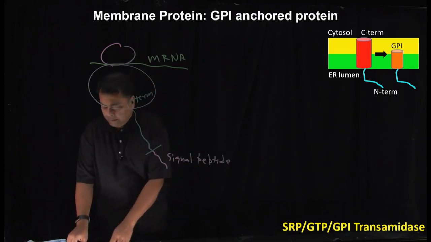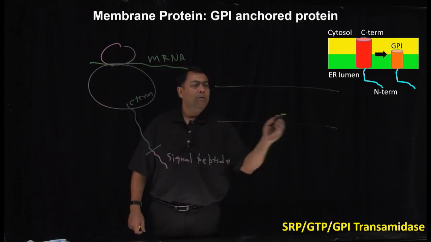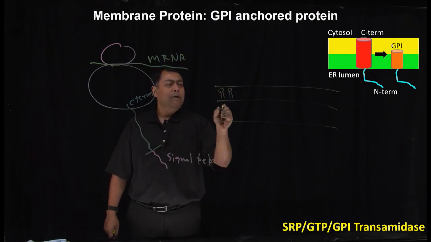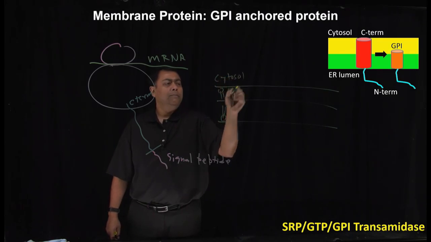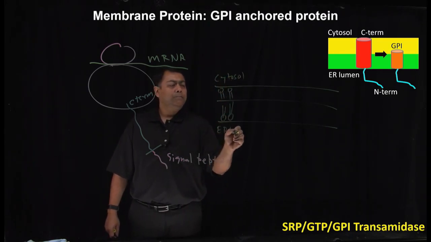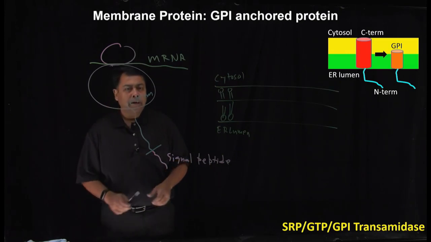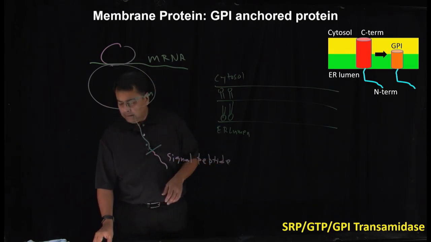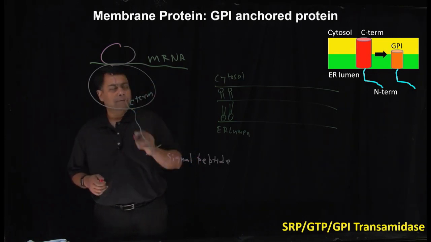So if we just look at the orientation of the protein in the membrane, let's take a look at how this basically happens. Right here is your cytosolic leaflet. Right here is your ER leaflet. This is your cytosol. This is your ER lumen. So the protein is inserted into the membrane like this, and then you have the hydrophobic sequence.